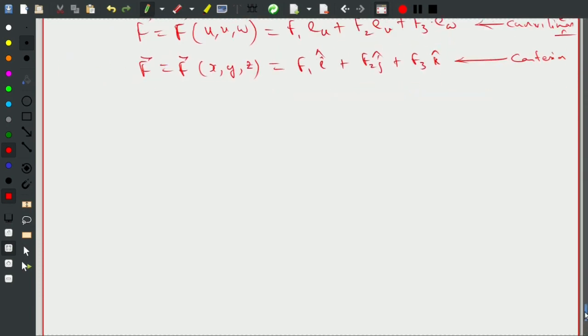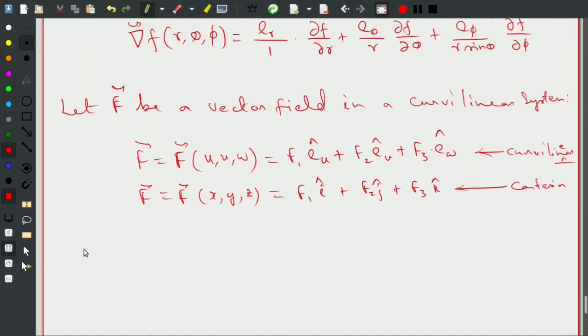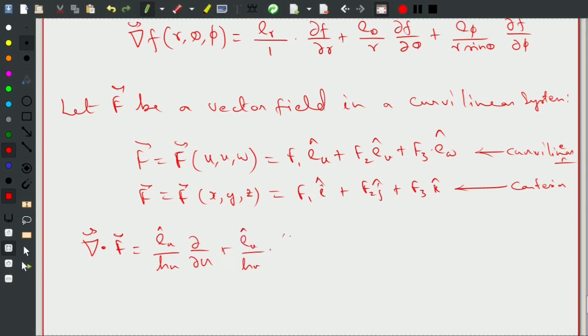So let's find the divergence. We know the expression for divergence is del dot f vector, and we know our del is eu cap by hu dou by dou u plus ev cap by hv dou by dou v plus ew cap by hw dou by dou w.